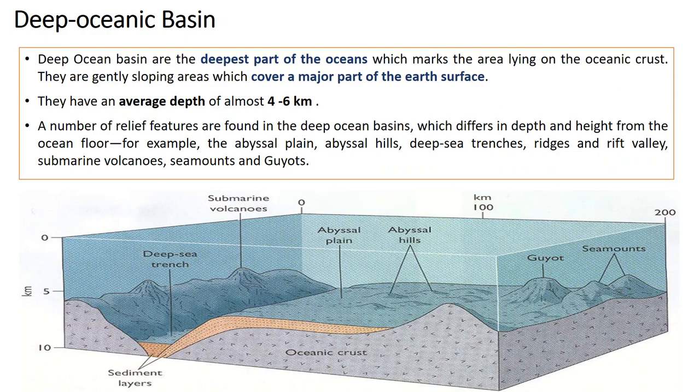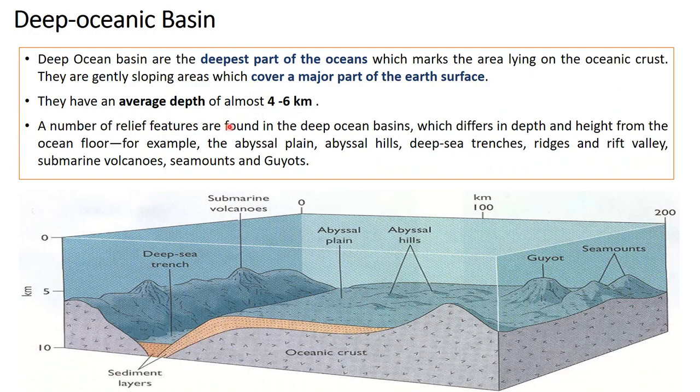They are gently sloping areas which cover a major part of the Earth's surface. Remember, 70% of the Earth's surface is covered by the ocean basin. They have an average depth of almost 4 to 6 kilometers.